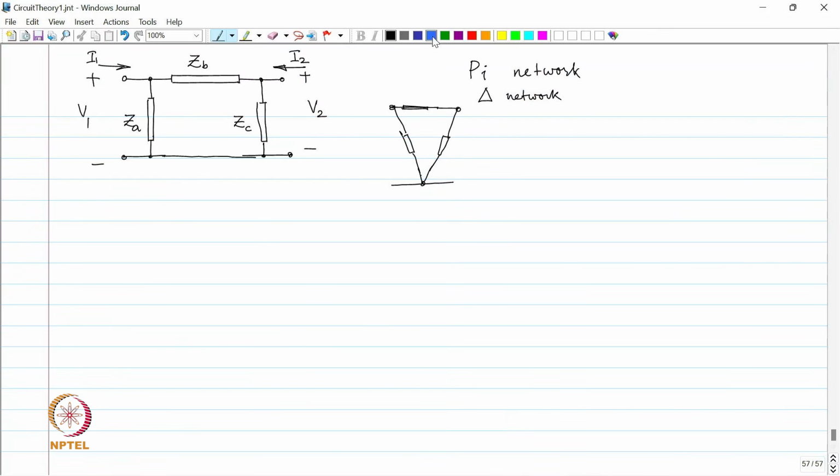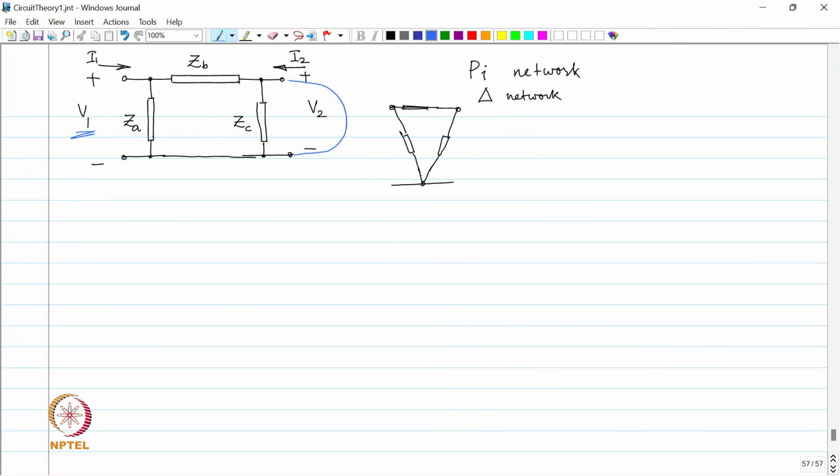So, let us short circuit port 2 and we have applied V 1 over here, fine, not V 1, let us apply 1 volt over there.